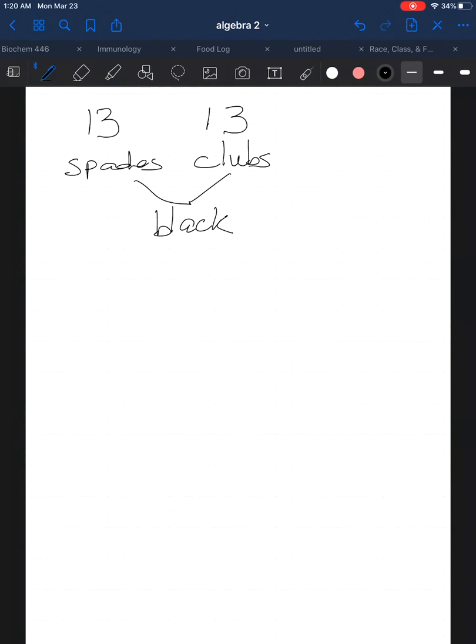Okay, last thing we talk about is a deck of cards. A 52 deck of cards. So we have 13 spades. For those of you guys that have never played with a deck of cards, 13 clubs. Both of these are black cards. Then we have 13 hearts and 13 diamonds.